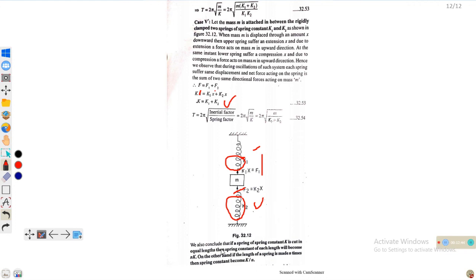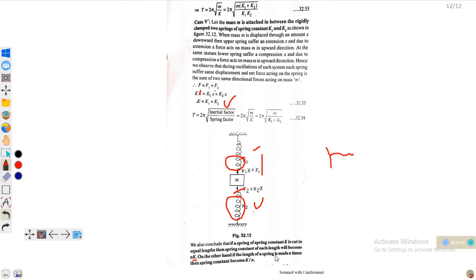So here we can conclude that if a spring constant k is cut into equal lengths, then the spring constant of each length becomes n times k. If we shorten the spring, meaning if we cut a spring into n pieces, then the spring constant of each piece will be increased by n times.